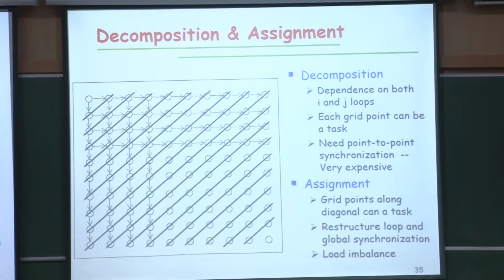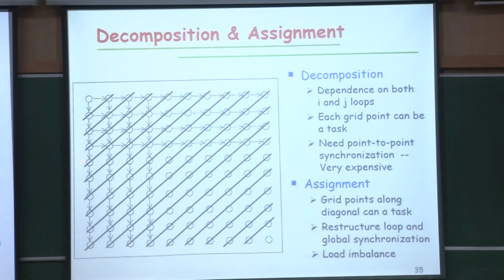If you look at this, you can also see that if I take all the elements in a diagonal, is there any dependency between them? No, because the diagonal elements do not have any dependency among themselves and they can be run in parallel.